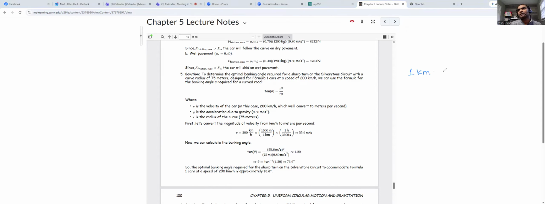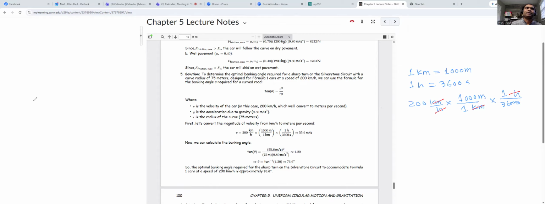1 kilometer is 1000 meter, and 1 hour is 3600 second, right? So 200 kilometer per hour, if you want to convert, you have to multiply. 1 kilometer is 1000 meter, so kilometer cancel out; 1 hour is 3600 second, so hour cancel out.